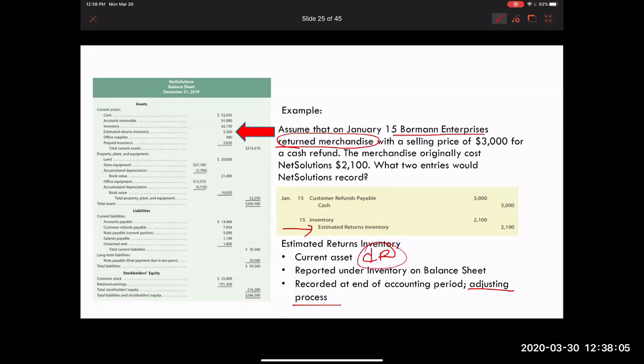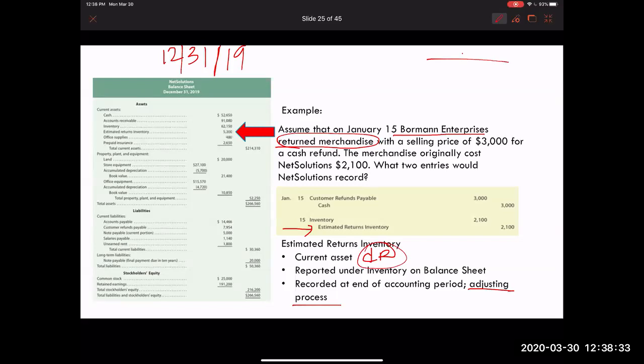But as we're going through this example, we are seeing estimated returns being credited. It's the opposite of what's going on, and that alludes to the adjusting entry that we probably did on 12/31/19.